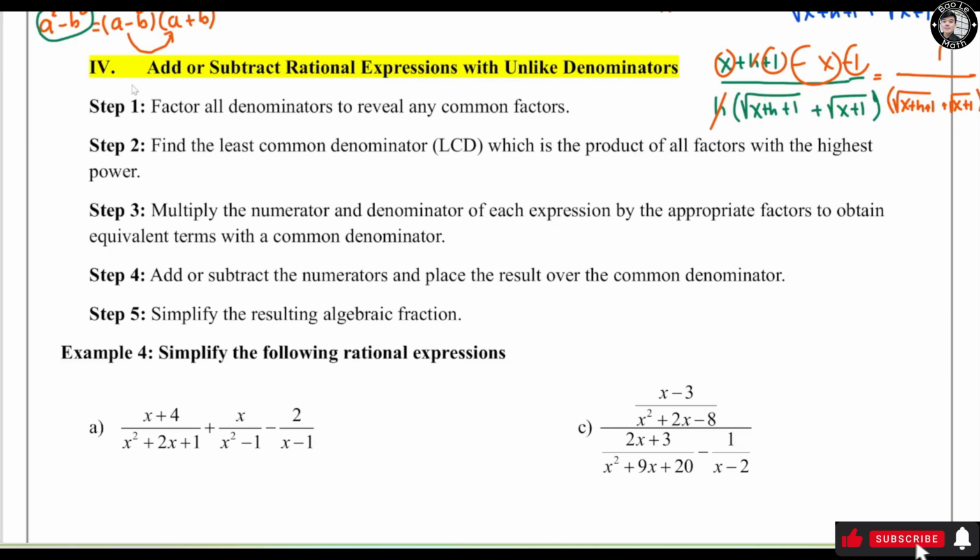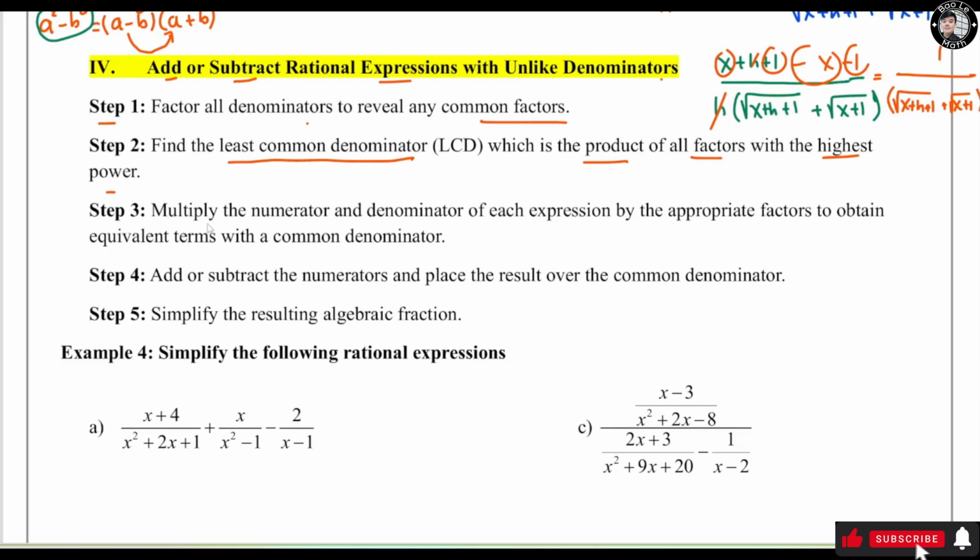Now we're going to move on to the next one. We're going to learn how to add or subtract rational expressions with unlike denominators. Step number 1, factor all denominators to reveal any common factors. Step number 2, find the least common denominator, which is the product of all factors with the highest power.